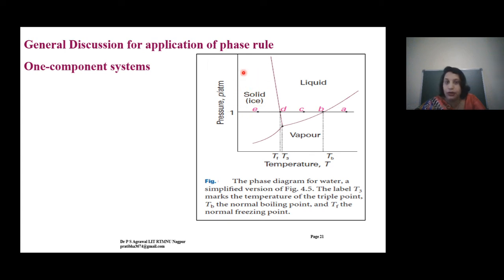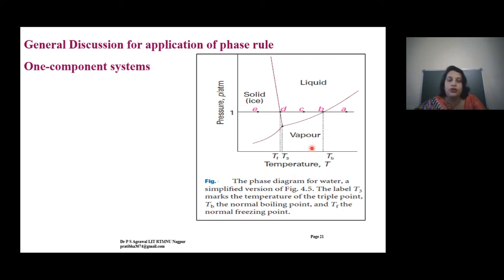So we need a minimum of 2 degrees of freedom, pressure and temperature. If we want to specify any point here, we want both pressure and temperature. That means 2 degrees of freedom. And along a curve we need only one. If we know the value of pressure, surely we know the value of temperature.